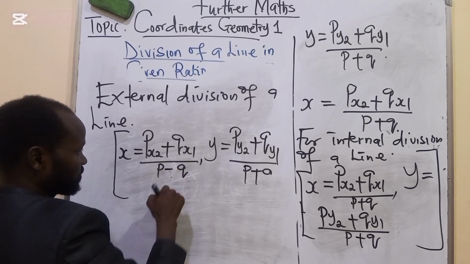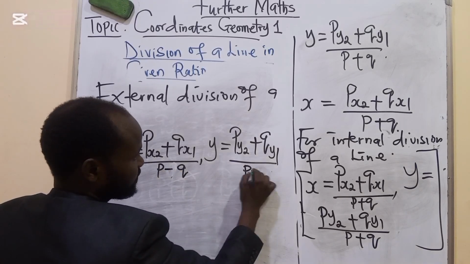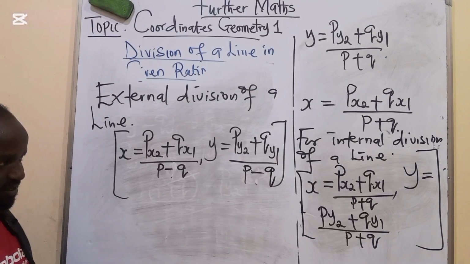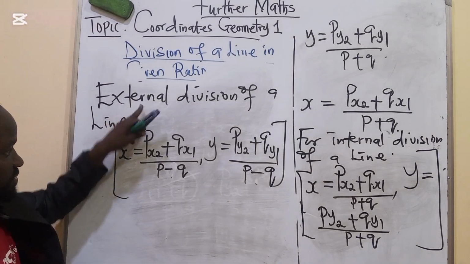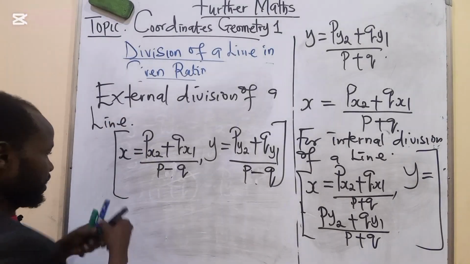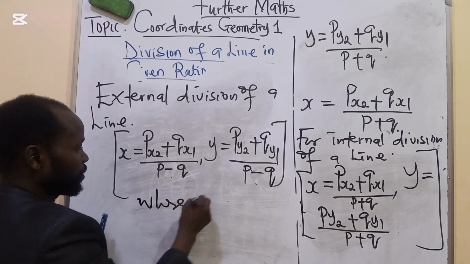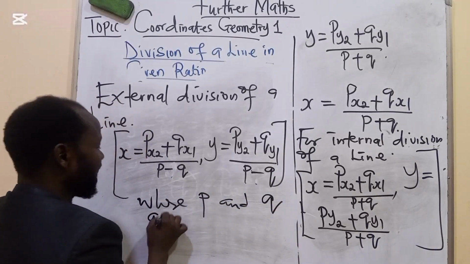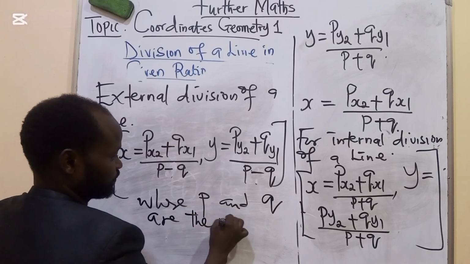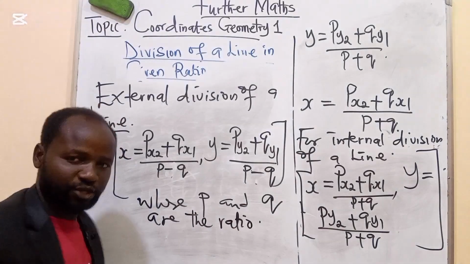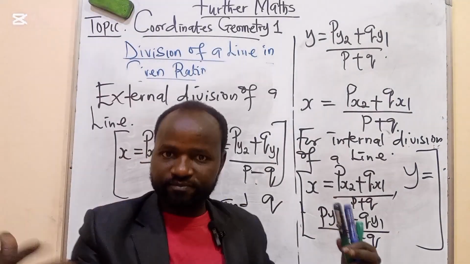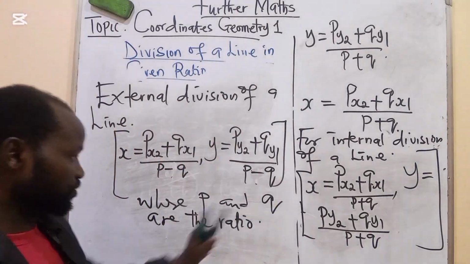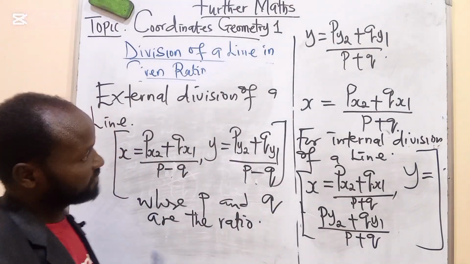Here will be minus and here will be minus. That's the difference between the internal and external division. For external division it is minus, where P and Q are the ratio in which a given line is divided. Very important.